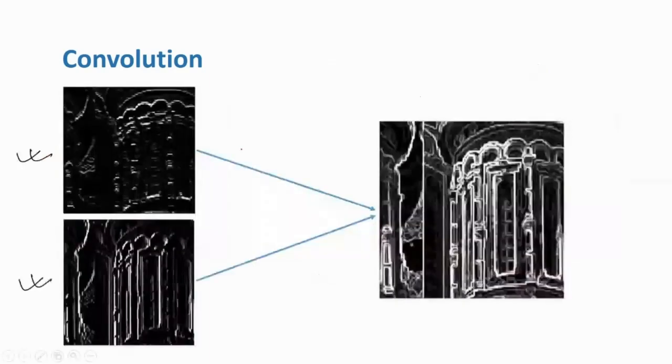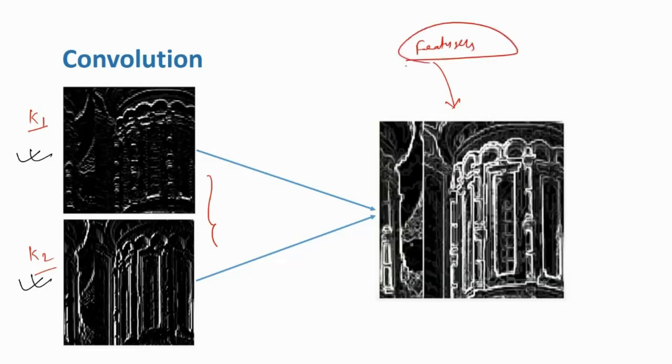So similarly here, two kernels, say K1 and K2, I have two feature maps from applying the convolution operations by K1 and K2. When I combine those two, I get this kind of picture. These pictures are nothing but the features extracted from your image.